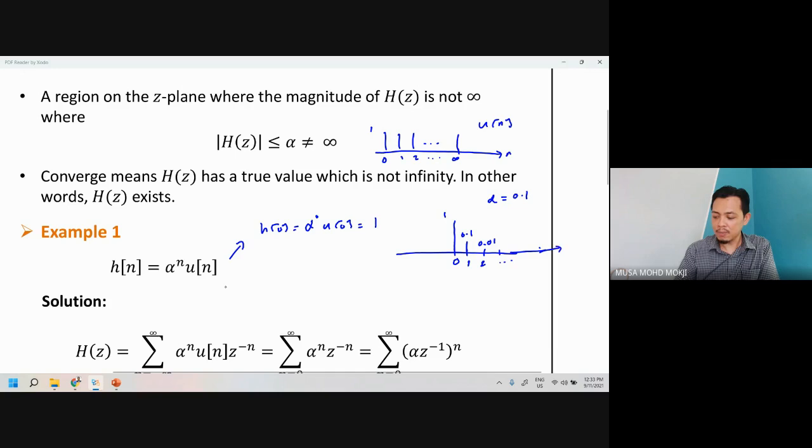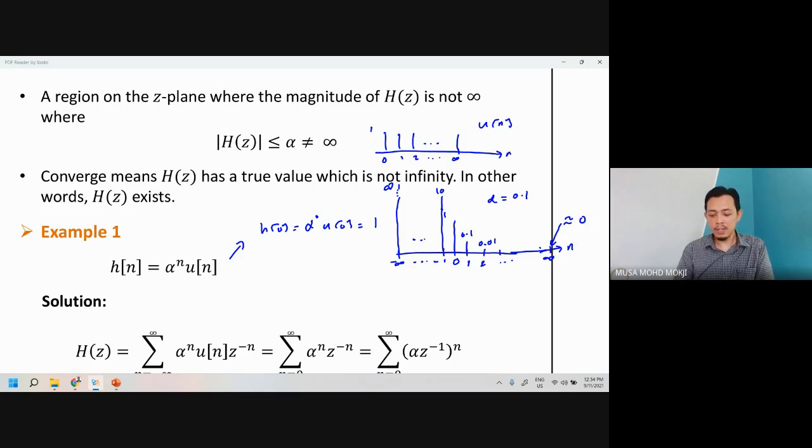You can do that until infinity, and this value is very close to 0. It becomes smaller and smaller. And at -1, this is 0.1 to the power of -1, you'll get 10. The next will be 100, the next will be 1000, until minus infinity, you will get infinity. So that is alpha^n.